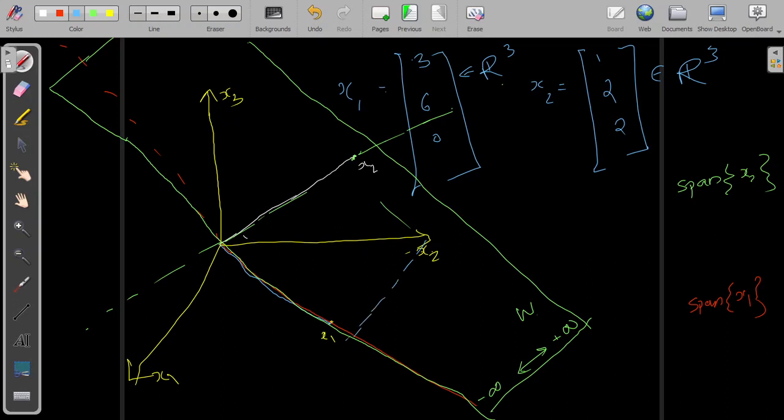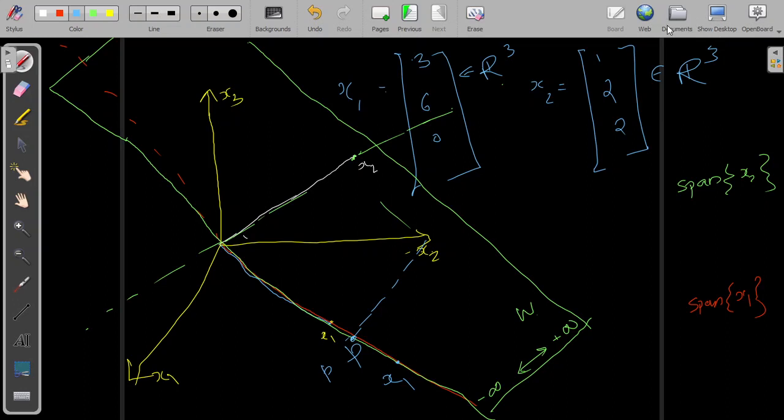This is our projection p vector, the projection on x1. So this point is p, and this point is x1.